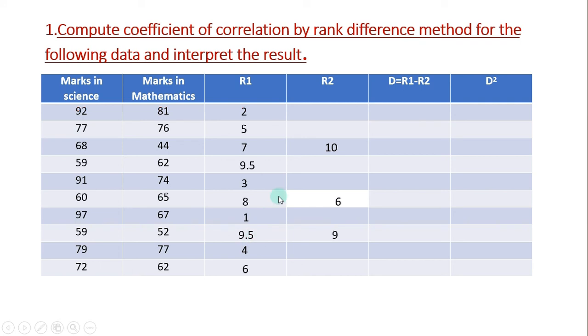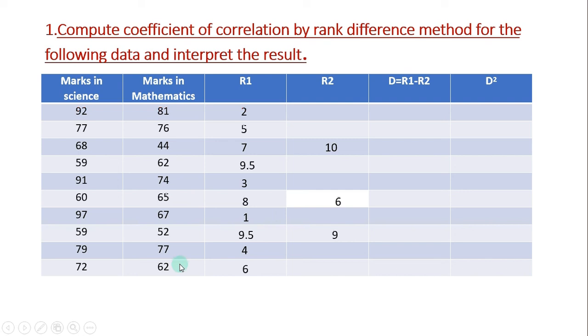Because up to 8 is given, the next is 9, but we cannot give 9 and 10 since both have the same marks. So we divide that rank between the two, adding 0.5 and 0.5. Like this we give ranks to the first group of scores.